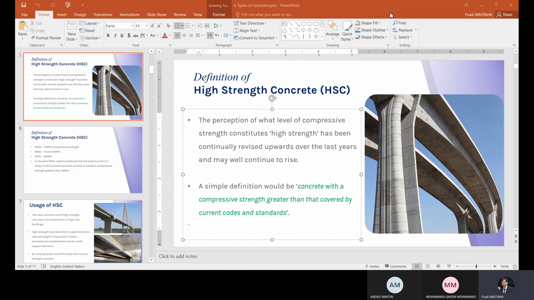Now, what is the effect of the aggregate particle size on the workability of concrete? Again, the same example, I have two mixes. The first one uses coarse aggregate ranging between 4 up to 14, and the second one ranging between 4 up to 20 millimeter particle size.